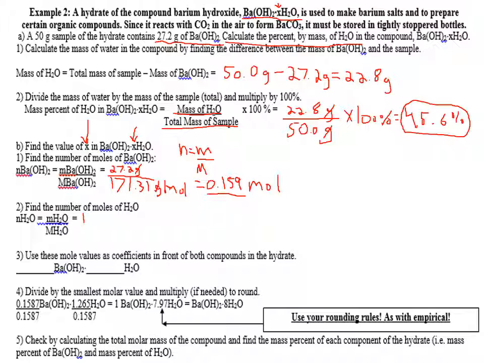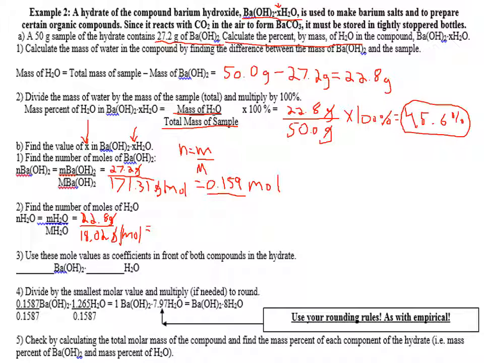We're going to do the same thing for water, find the moles of water. So our mass of water was 22.8 grams, divided by the molar mass of water, which is 18.02 grams per mole. Cross grams out, and you're left with moles in the end.